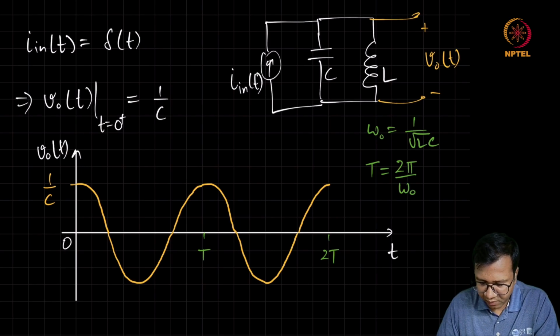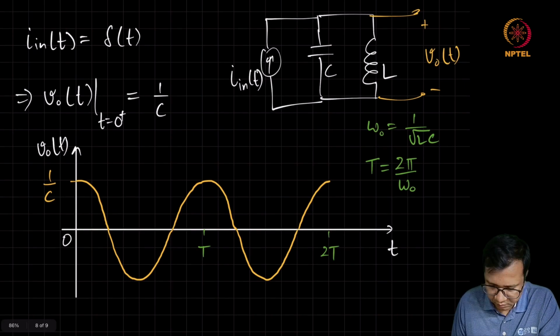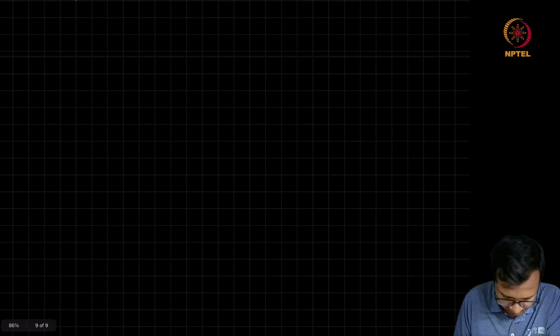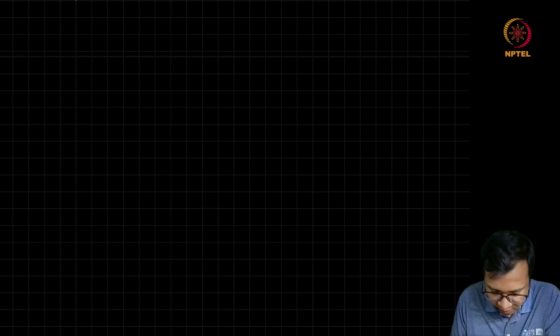Now in this case, we can also talk about the transfer function from this input to the output. To find the transfer function, we can write this voltage and current in the Laplace domain.